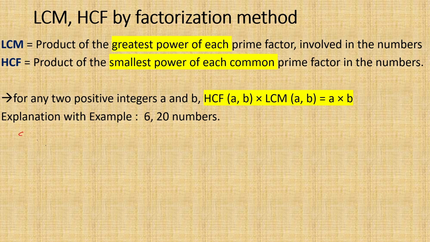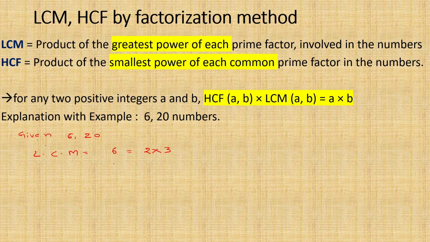See here, the given numbers are 6 and 20. In this we need to calculate LCM. Here I will calculate LCM by using the factorization method. So for 6 I write the factors. 6 is equal to 2 into 3.